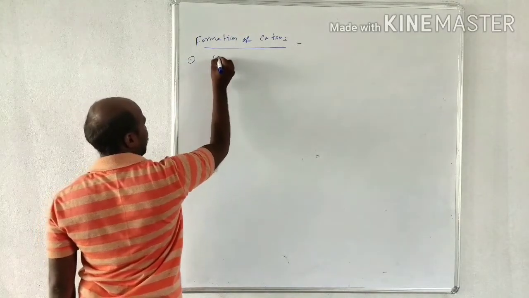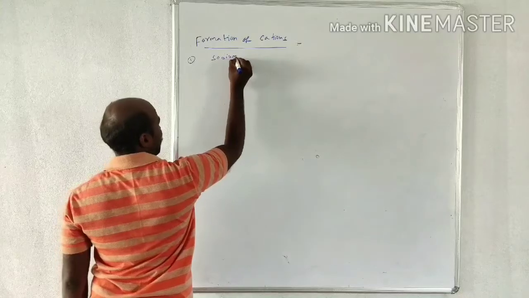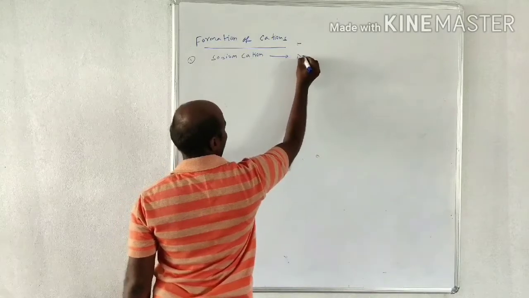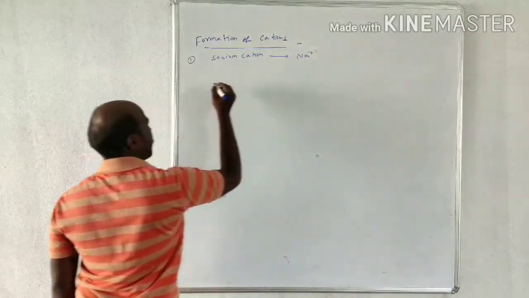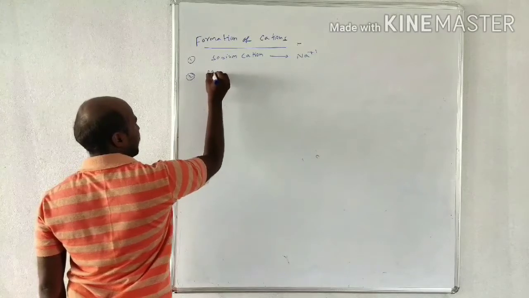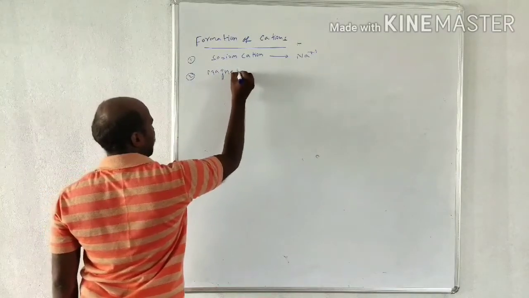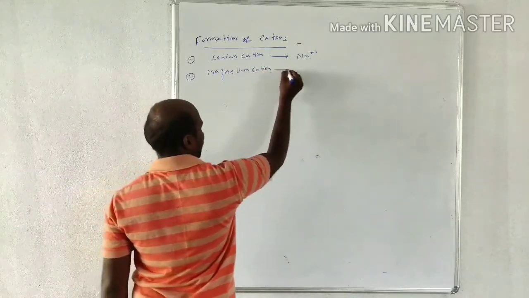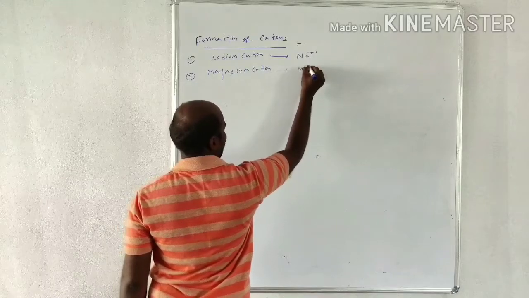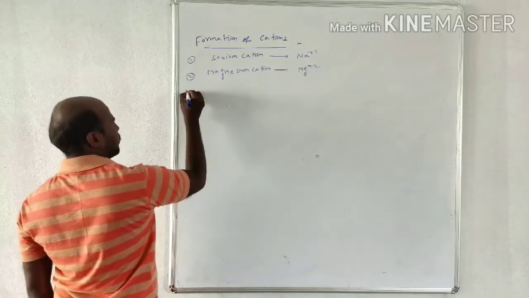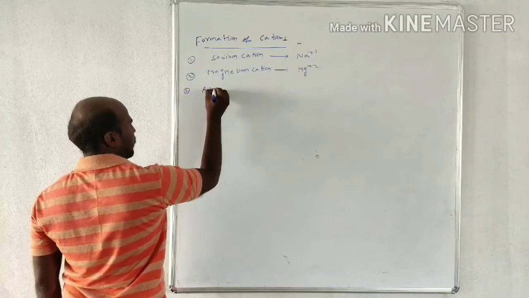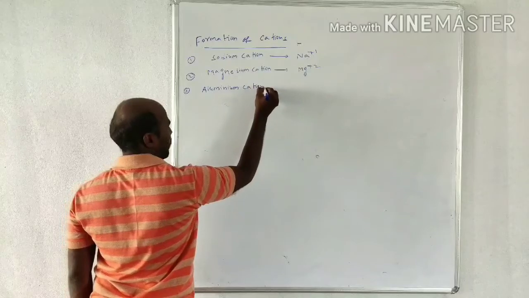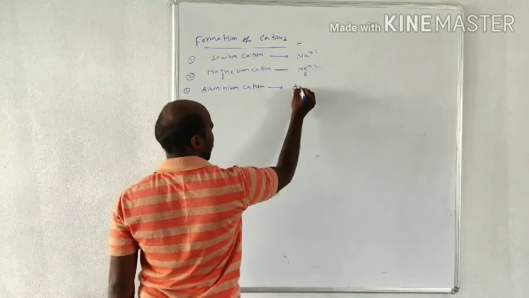Sodium cation, that is Na plus 1. The second one is magnesium cation, Mg plus 2. The third one is aluminum cation, here Al plus 3.